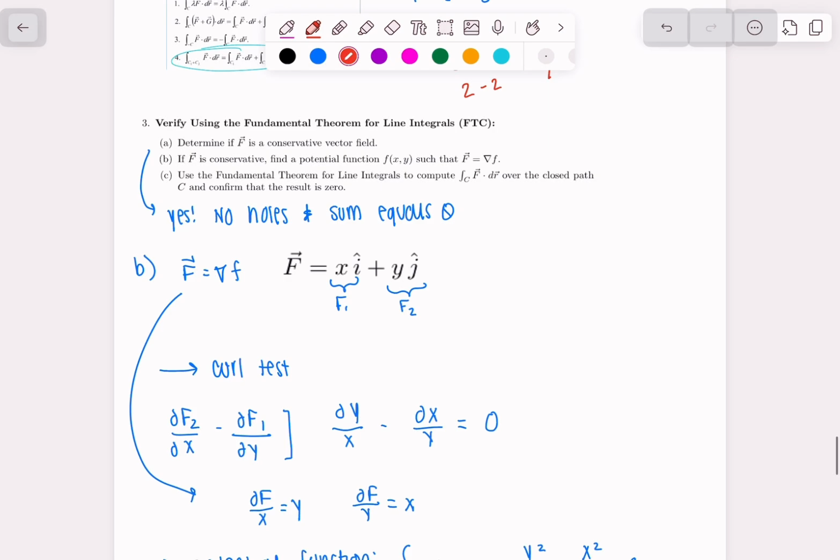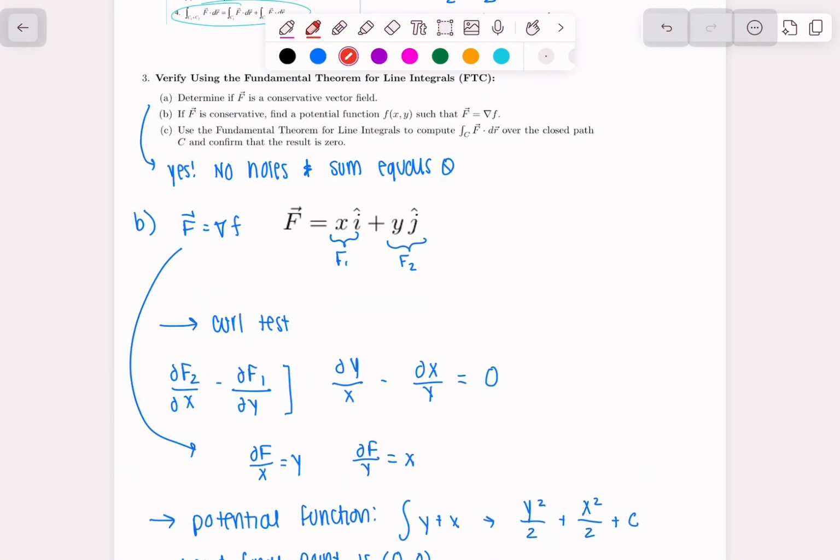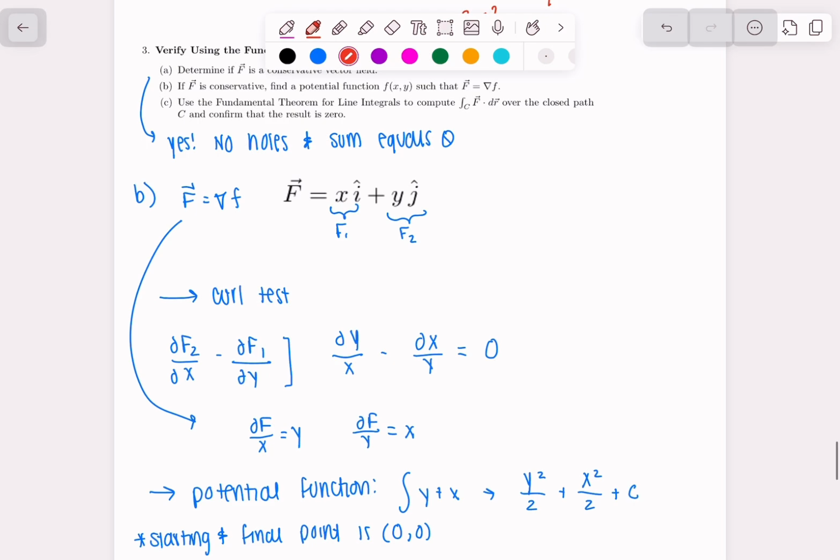Then we're going to go ahead and find the potential function as we did in the first problem. The partial derivative of f with respect to x is going to be y. The partial derivative of f with respect to y is going to be x. Go ahead and integrate those. I didn't write them out separately because I did previously. We get y squared over 2 plus x squared over 2 plus c.